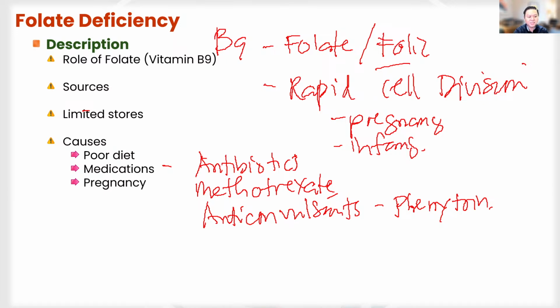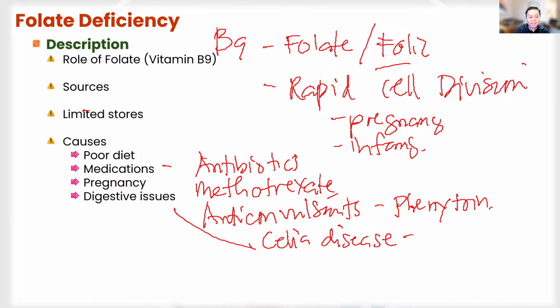Another cause will be the digestive issues. Similar to the vitamin B12, if let's say they have some kind of malabsorption syndrome, maybe they have celiac disease. That's one condition that can cause malabsorption.